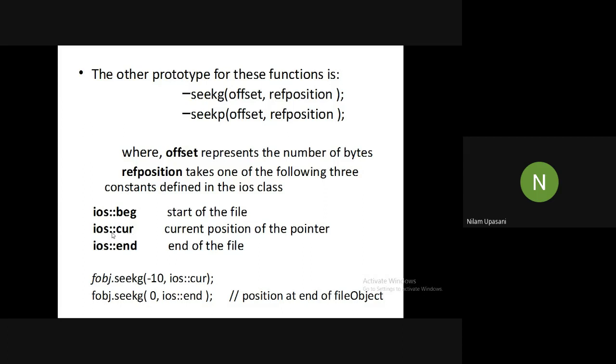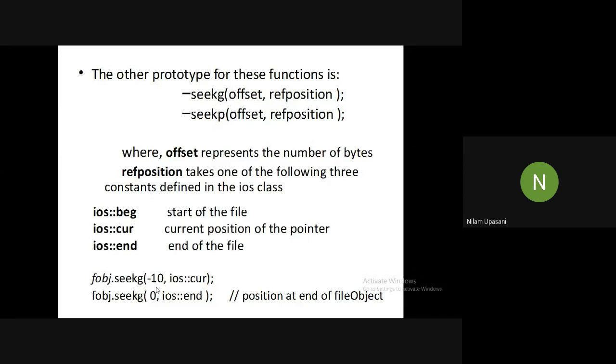They are predefined and available in the iOS class. We have seen the other day the hierarchy, it starts with the iOS class. So all these positions are declared in iOS. From these reference positions, you can move in the forward or reverse direction with the help of the offset.